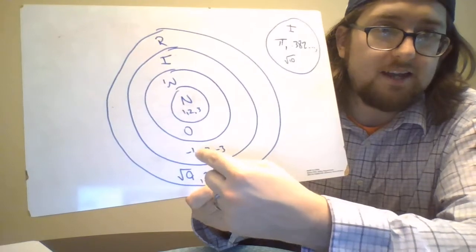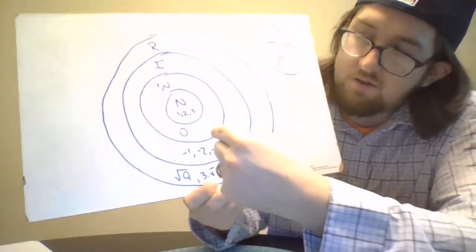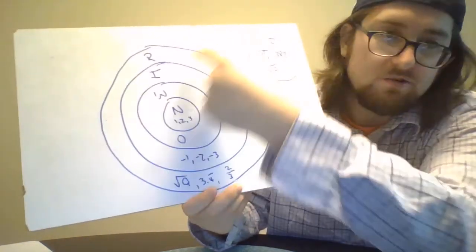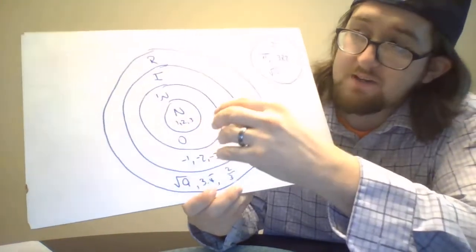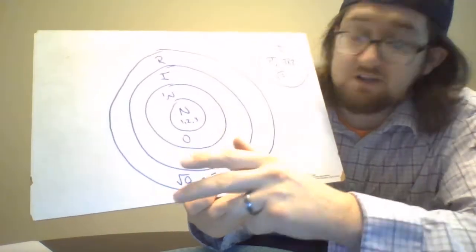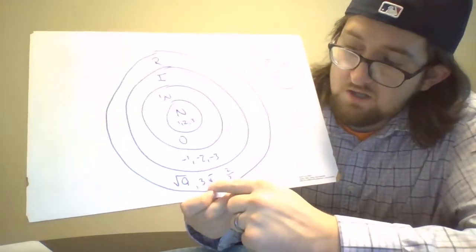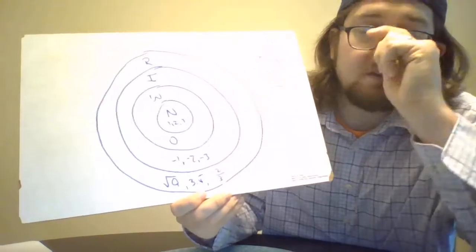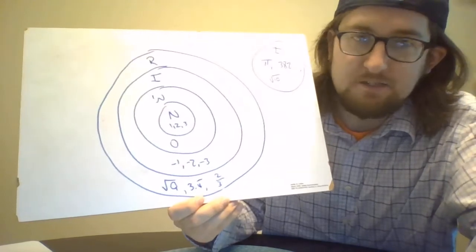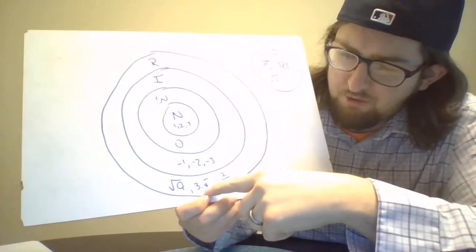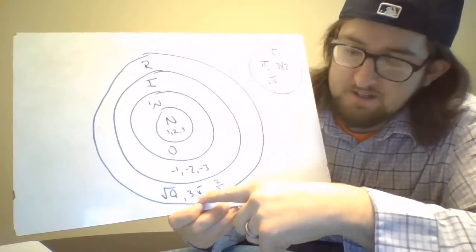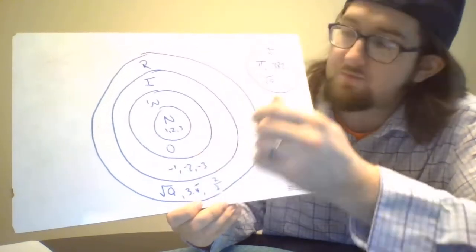But what do they add? -1, -2, -3. And then the rational circle goes around all the other things because rational numbers are integers, whole numbers, and natural numbers. But they add square roots that work, like perfect squares, square root of 9, square root of 16, 3.4 repeating, where you have a repeating decimal, and they add fractions and decimals as well.